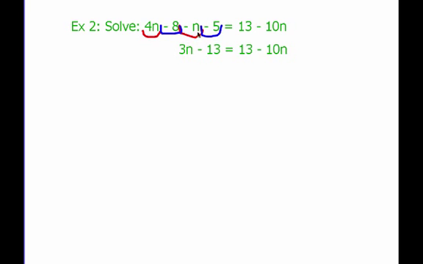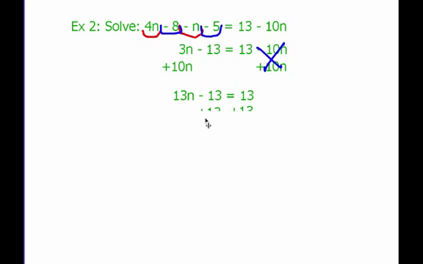Now I need to move all my variable terms to one side. I'm going to add 10n on both sides. On the right, negative 10n and positive 10n cancel out. On the left, 3n plus 10n equals 13n. So now I have 13n minus 13 equals 13.